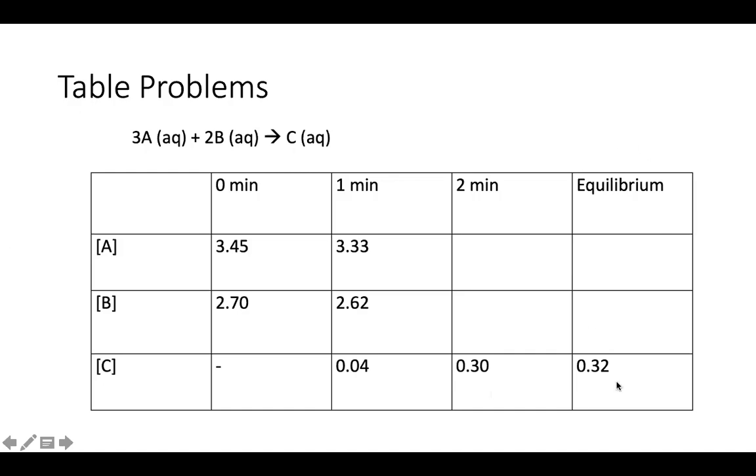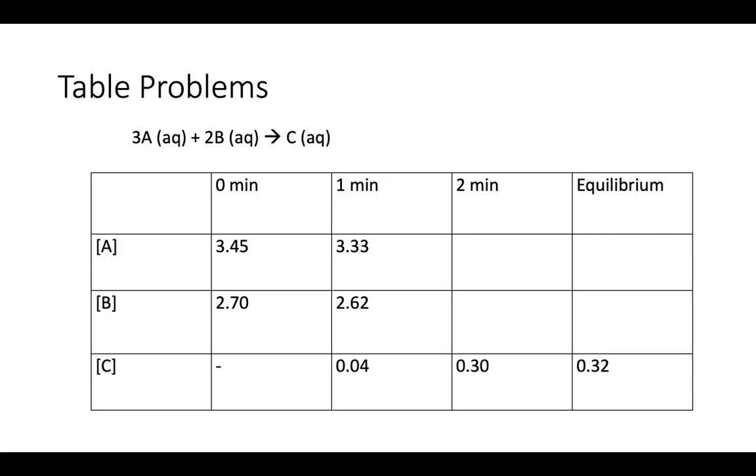Okay, so I just want to talk about general table problems before moving on to how to solve this. So in Dr. Katie's example that he did in lecture, you know you're at equilibrium because he gave you multiple time points where our concentrations don't change. So that's one way to indicate that you're at equilibrium.